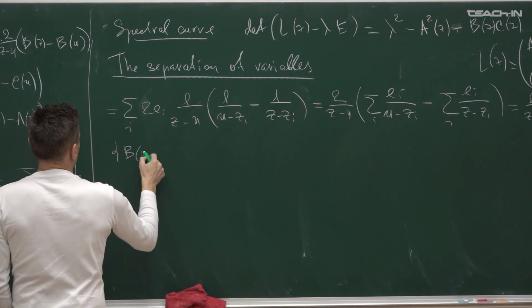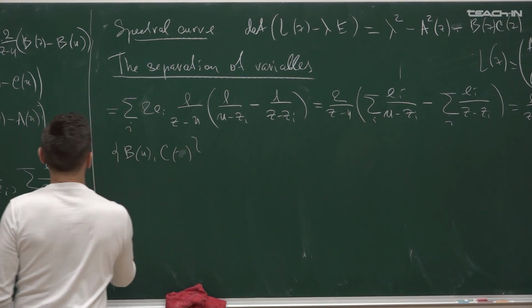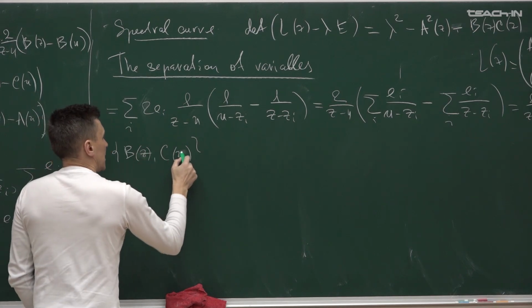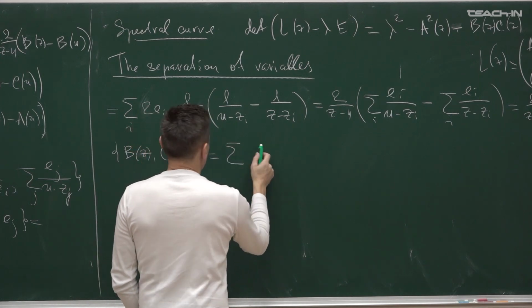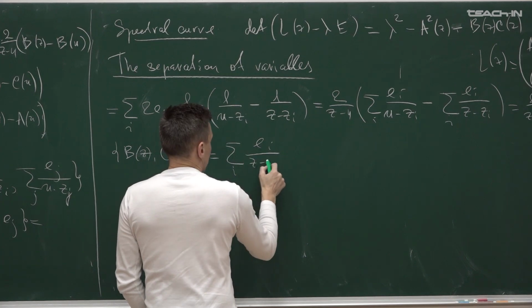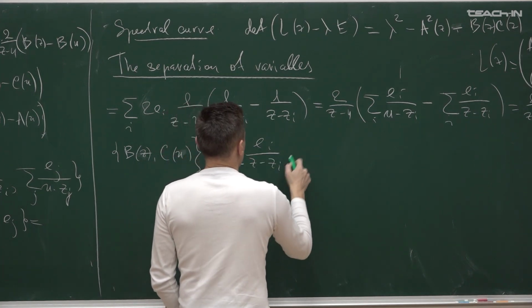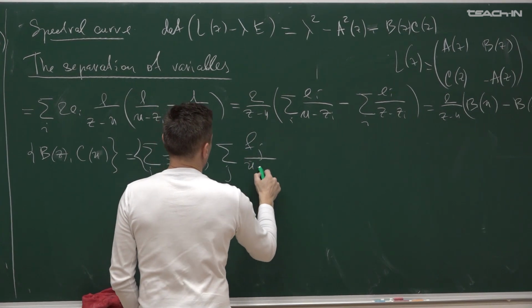The bracket of b(z) and c(u), I'm sorry, of b(z) and c(u): the sum over i of e_i over (z minus z_i), with the sum over j of f_j over (u minus z_j).